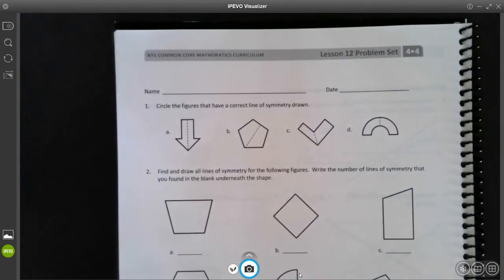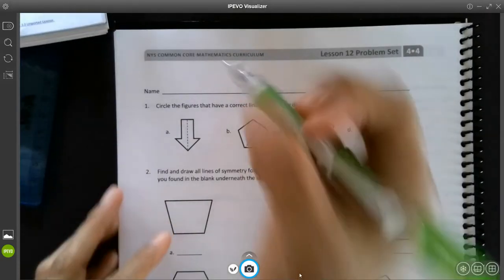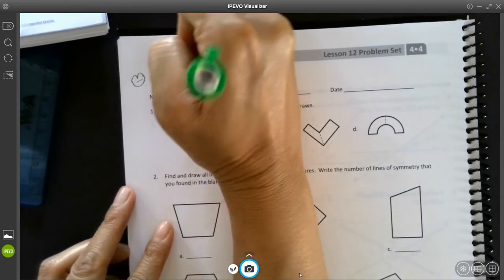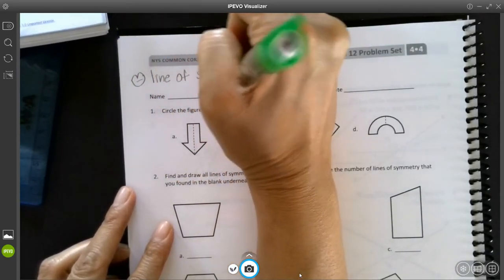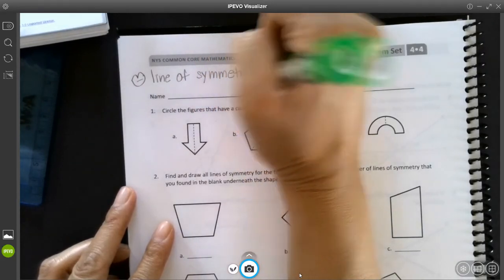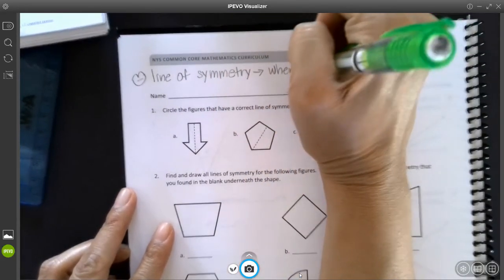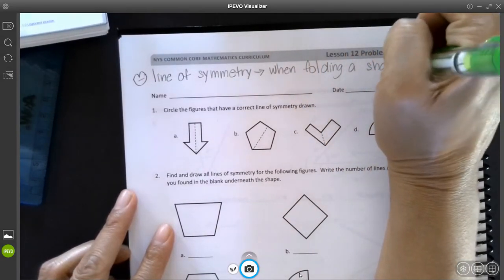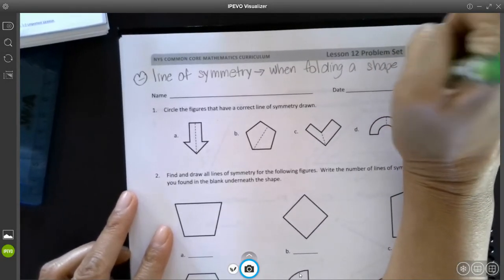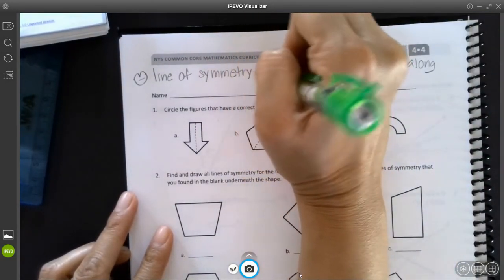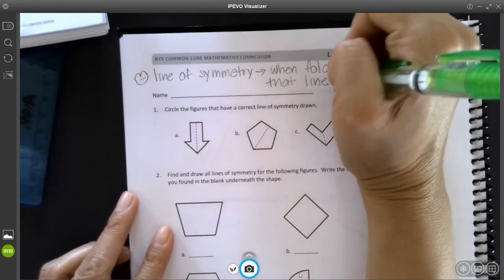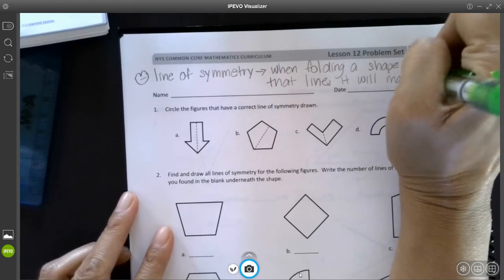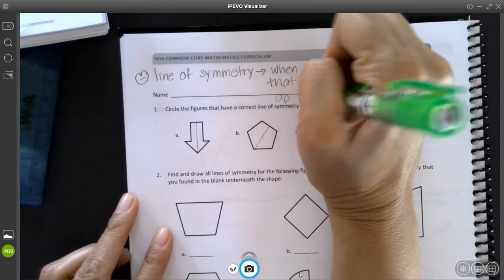So just as a reminder, guys, a line of symmetry, okay, when folding a shape along that line, it will match up perfectly, or the sides will match up perfectly.